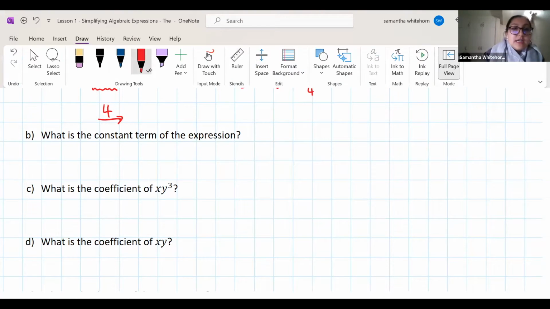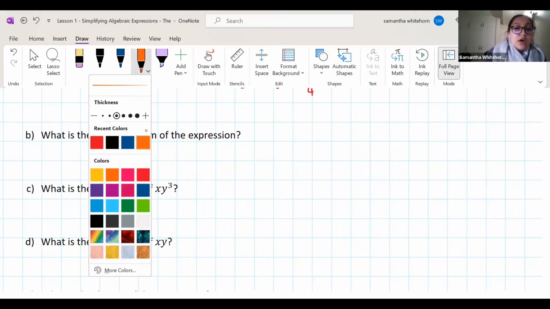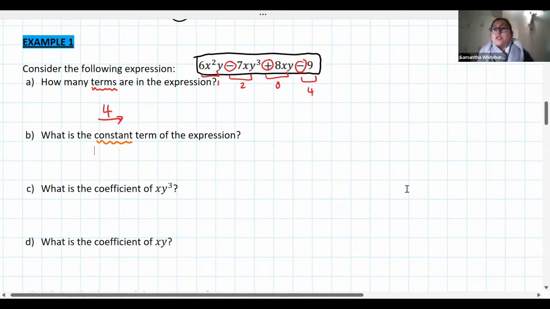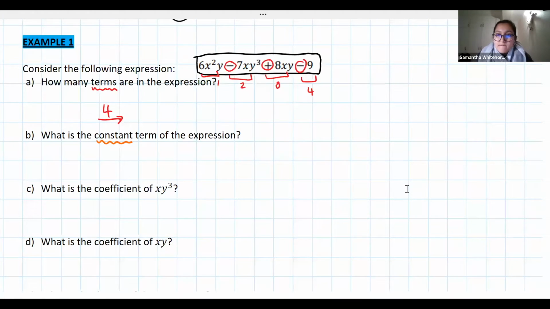The second question is asking us for the constant term of this expression. Again, in the chat, tell me what the constant term is. Let's see if we agree.